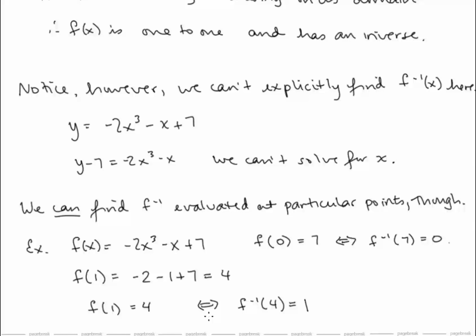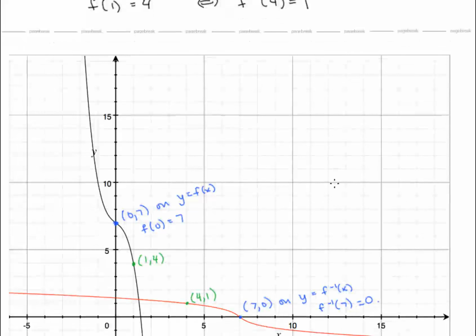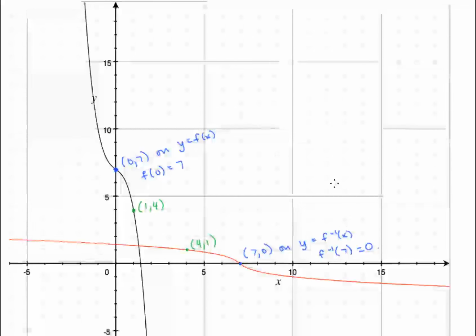Well, that tells us that f inverse of 4 is equal to 1. So although we can't explicitly write down the function f inverse of x, we do have some evaluations based on the original function evaluations. And if we take a look at the sketch of f of x, we will be able to get a sketch of f inverse by taking its reflection through y equals x.